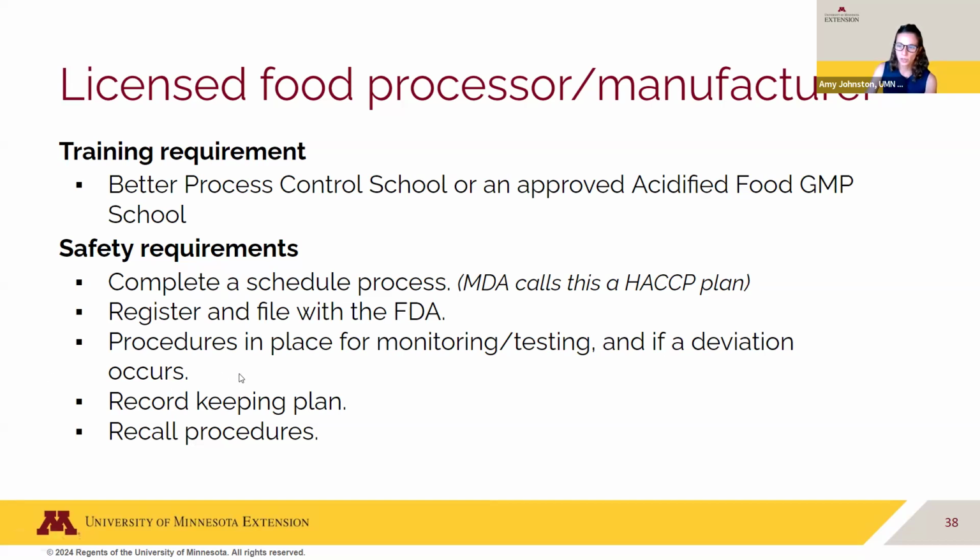You'll need to show that you have procedures in place for monitoring and testing, and what you'll do if there's a deviation. Have your record keeping plan and your recall procedure plans. So again, that is just very high level to get you aware of what is involved if you are looking to sell.